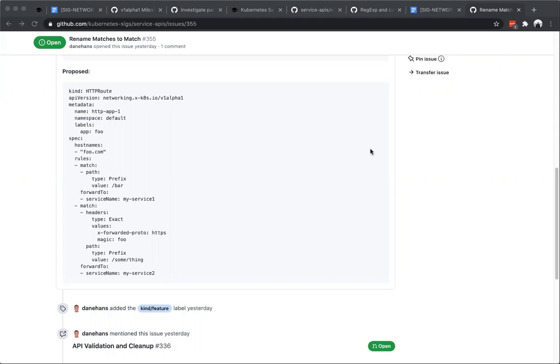On the other hand, forward to is an example of something that is singular that also is the name of the list. So those are the two examples we could argue one way or the other in the route type. I don't feel strongly enough to argue one way or another, but I'm very open to feedback or thoughts from anyone around this.